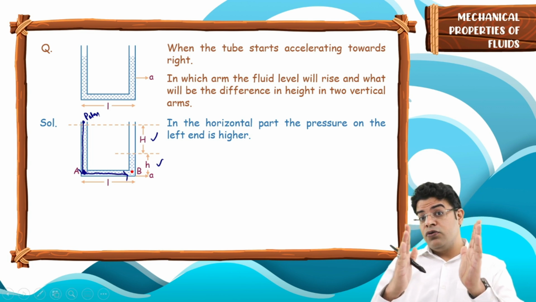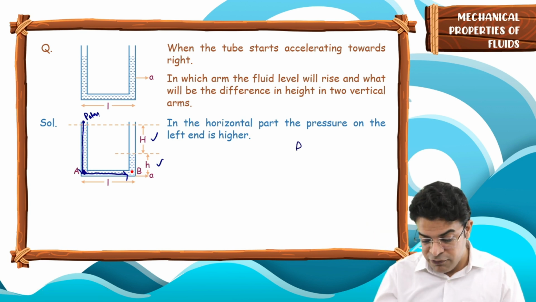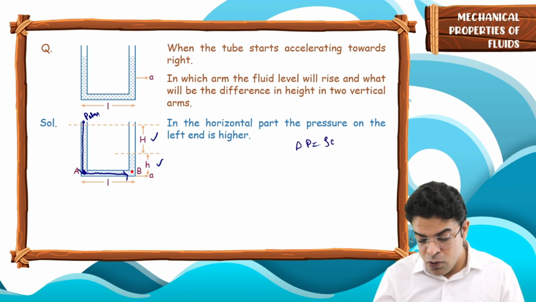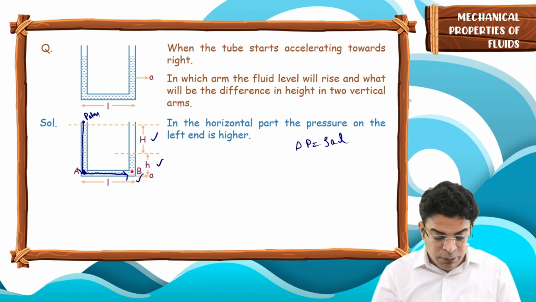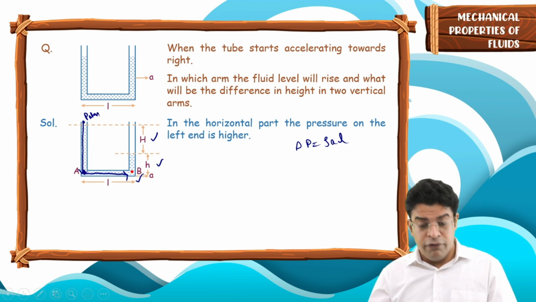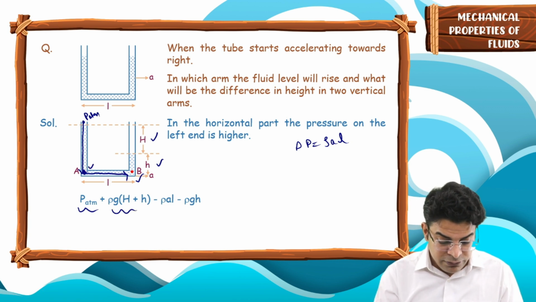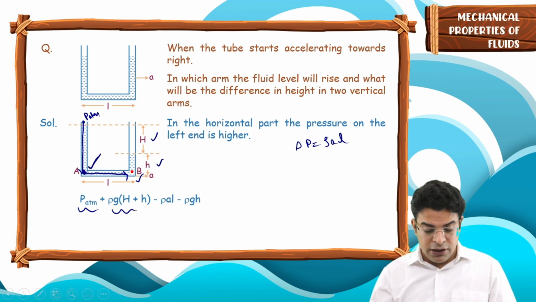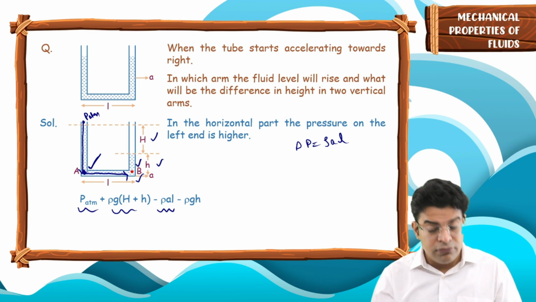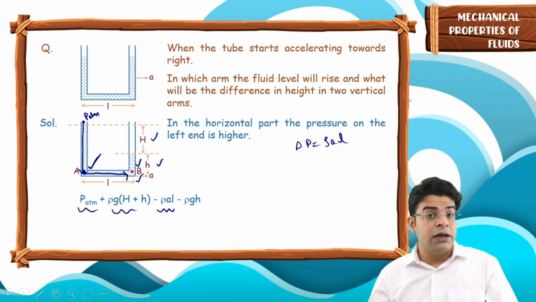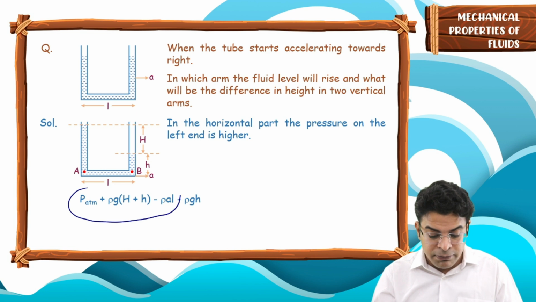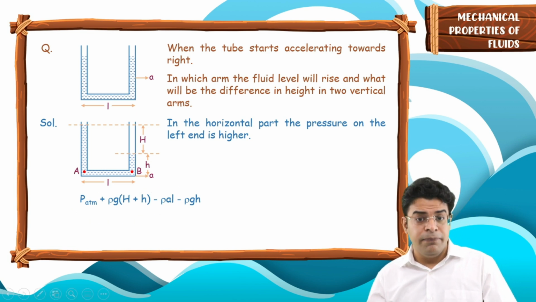We have learned that due to the horizontal acceleration, the pressure difference is given by rho a L. So the pressure at point B will be P atm plus rho g (H plus h) minus rho a L.